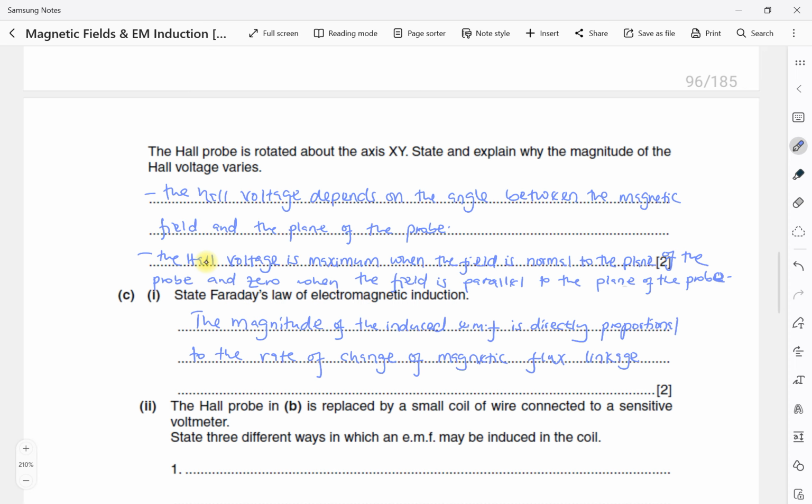The magnitude of the induced e.m.f. is directly proportional to the rate of change of magnetic flux linkage.